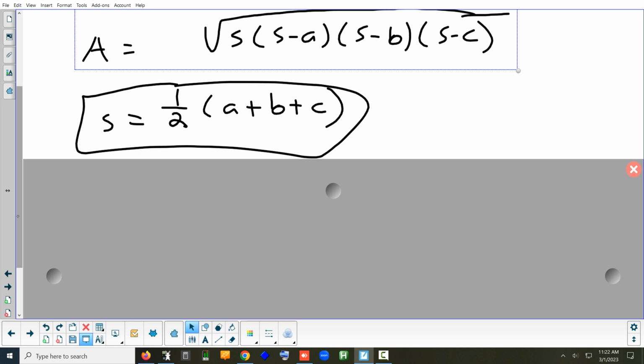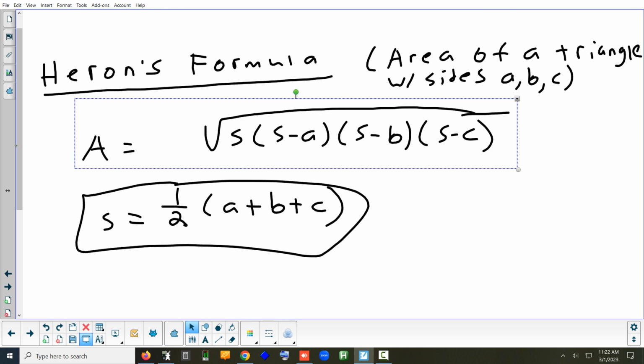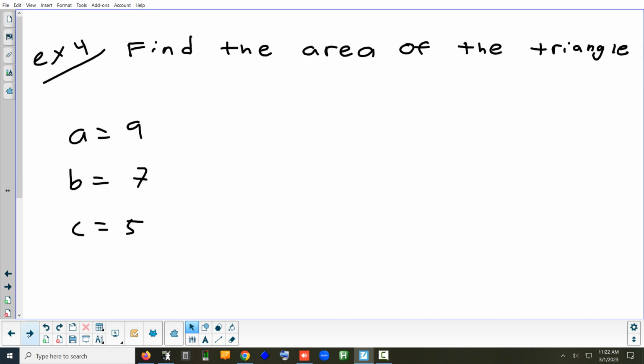Right? So let's try finding the area of a triangle where we know all three sides. So the idea is it's the semi-perimeter times the semi-perimeter minus every side multiplied together. And then you take the square root. Okay.